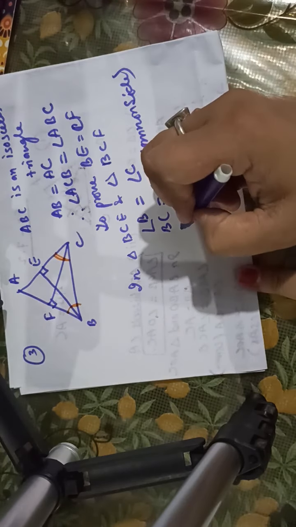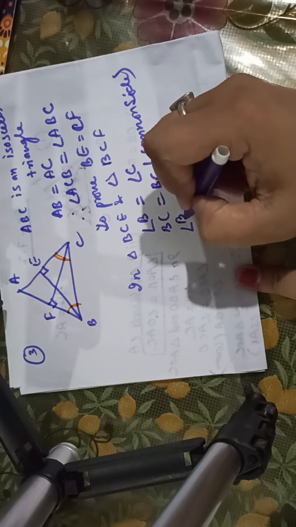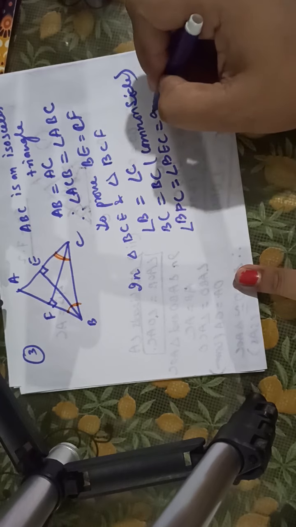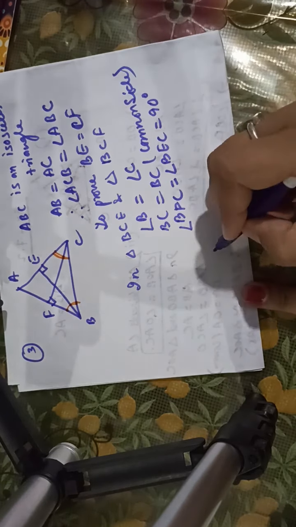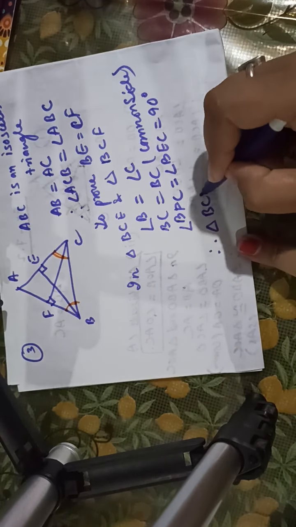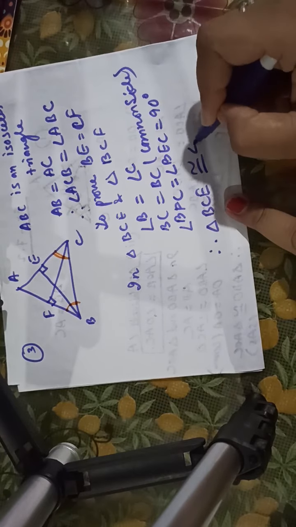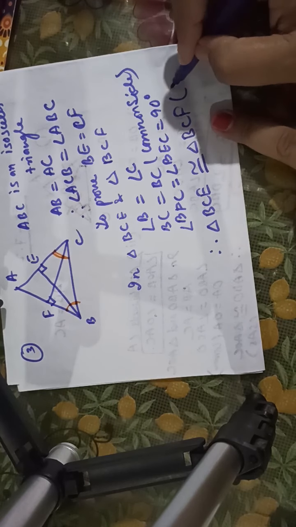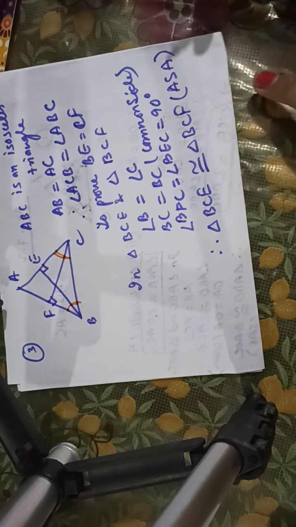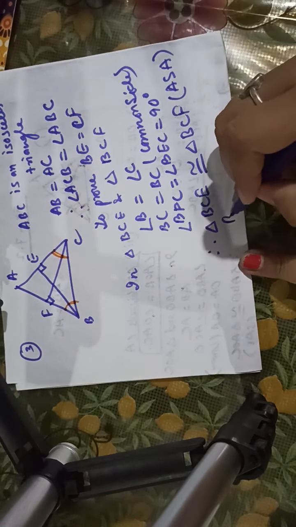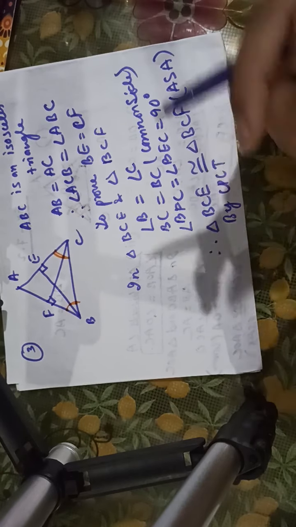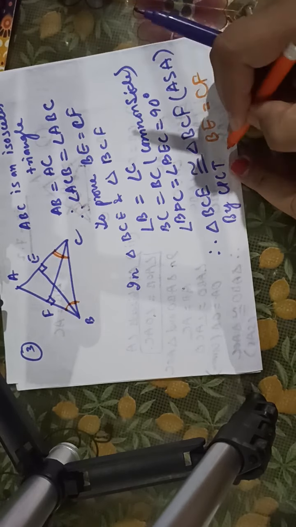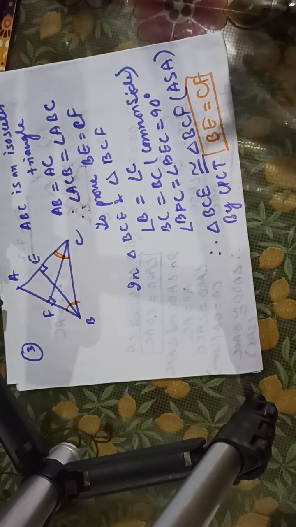And one more, angle BFC is equal to angle BEC, which is given as 90 degrees. So therefore I can conclude that triangle BCE will be congruent to triangle BCF by which rule? Angle side angle rule. Okay, so therefore by CPCT we can write that the altitude BE is equal to the altitude CF.